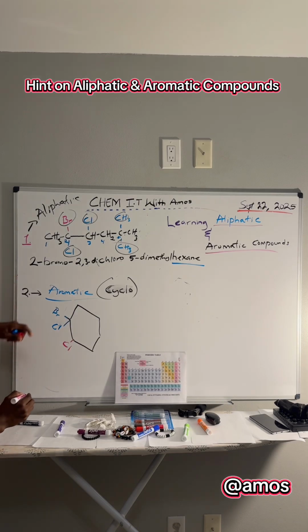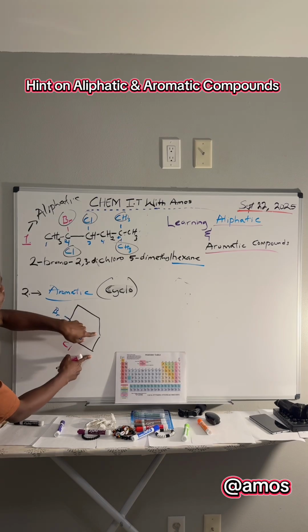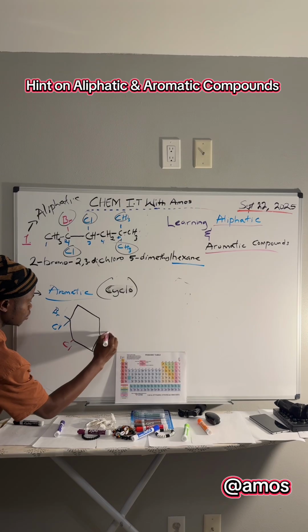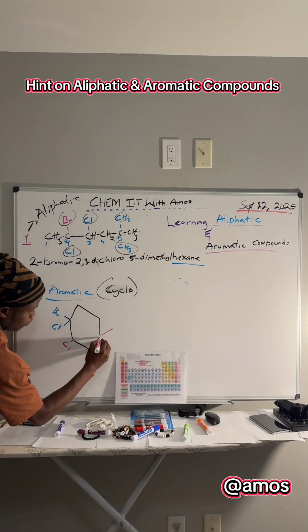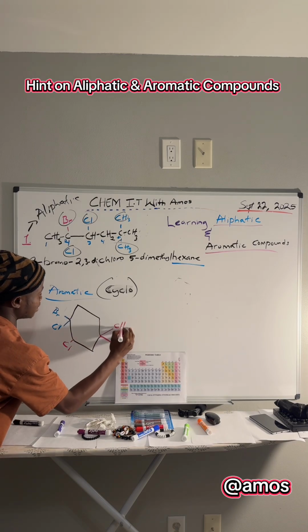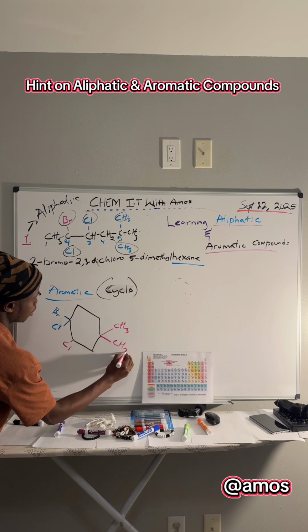Then the fifth one, does it have anything there? No, there's nothing here. The sixth one, what does it have there? It has 2. So we can just do it like this, and put a methyl, CH3, and also put CH3.